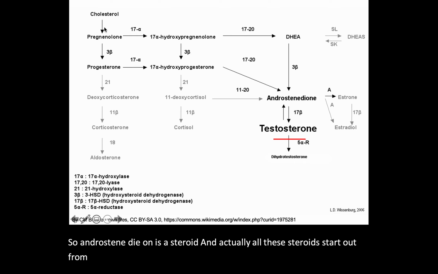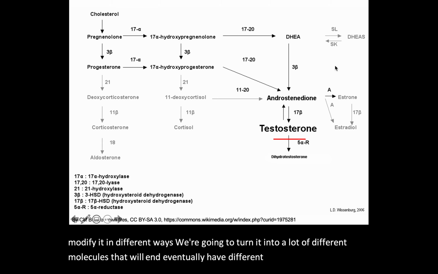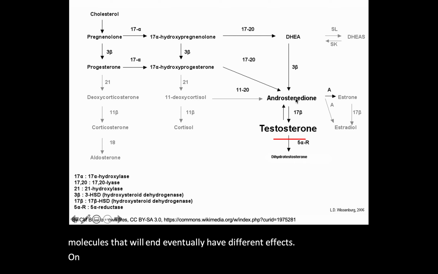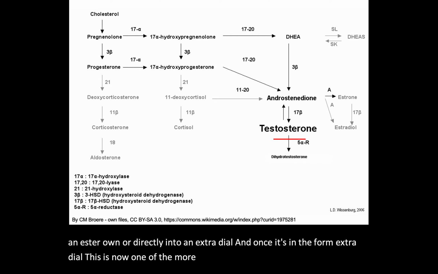So we're going to take cholesterol, we're going to modify it in different ways, and we're going to turn it into a lot of different molecules that will eventually have different effects on the body. And so we can take this androstenedione and we can turn it into an estrone or directly into an estradiol. And once it's in the form estradiol, this is now one of the more potent, what we call estrogens.